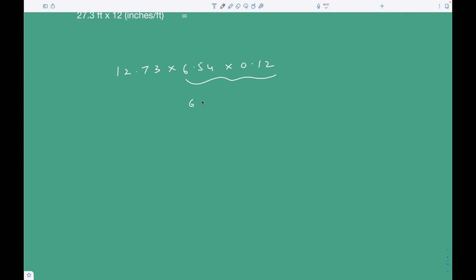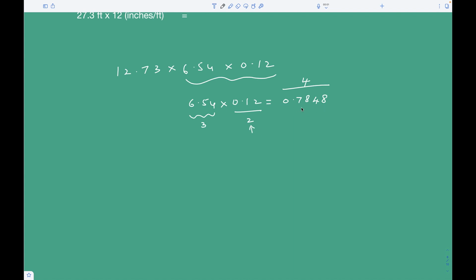So when you multiply 6.54 with 0.12, you would get 0.7848. And in this calculation, the first term has 3 significant figures, the second 2, and this result has 4 significant figures. But it should have only 2 significant figures because the limiting term has only two significant figures.